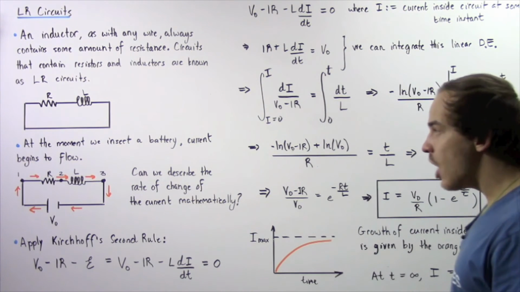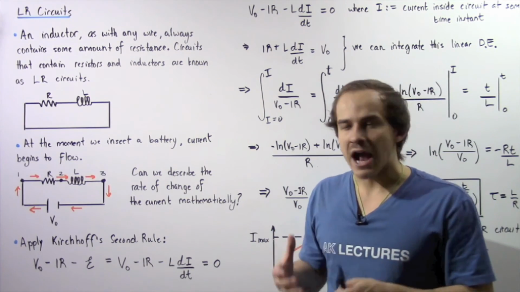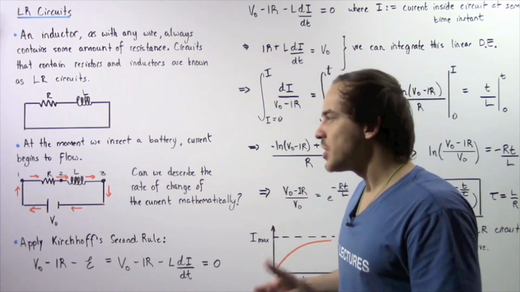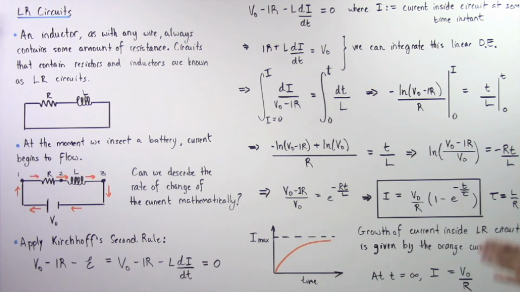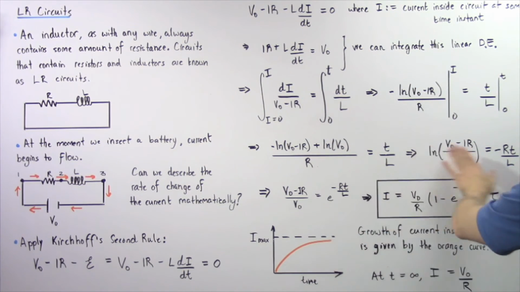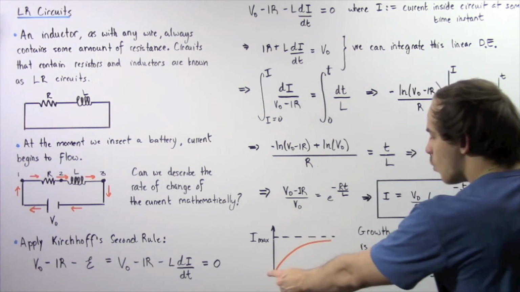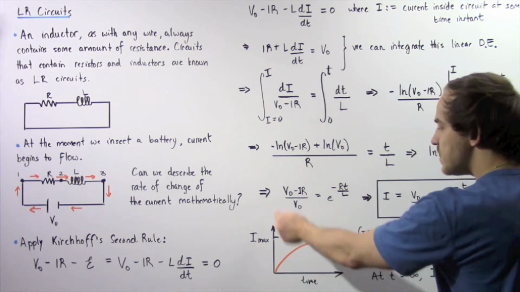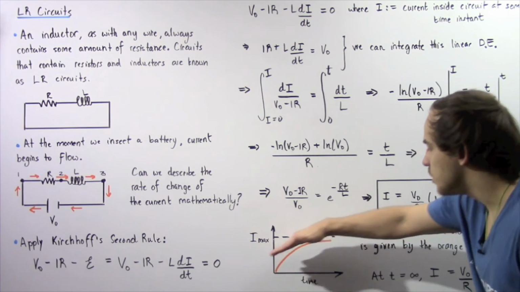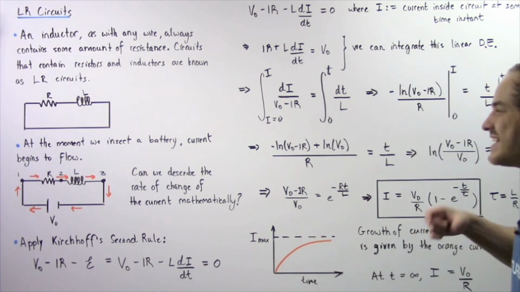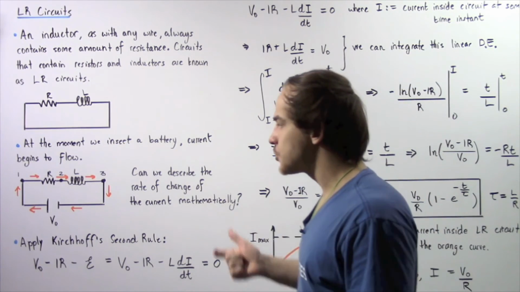Recall that tau simply gives us the quantity of time that it takes our electric current to reach 63% of its maximum value. If we take this equation and plot it on the xy plane as shown, where the x-axis is the time and the y-axis is our current, we see the following curve.